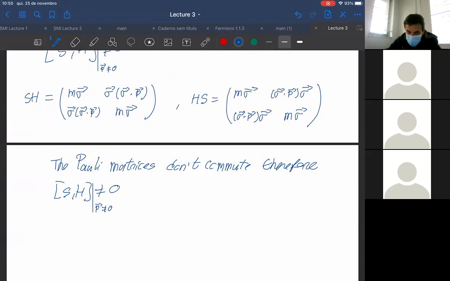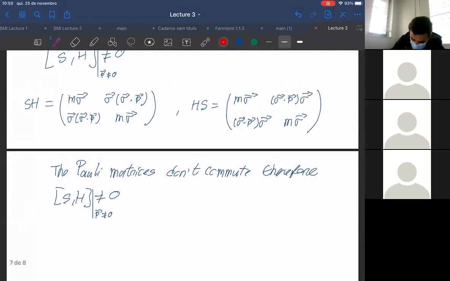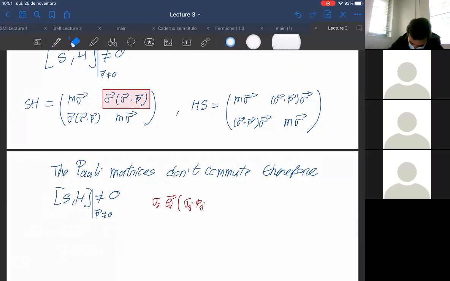Just to see this very briefly, if I write here, for example, let me highlight this one here, in terms of components it's sigma_i e_i, and this is multiplied by this dot product, so it's sigma_j p_j.